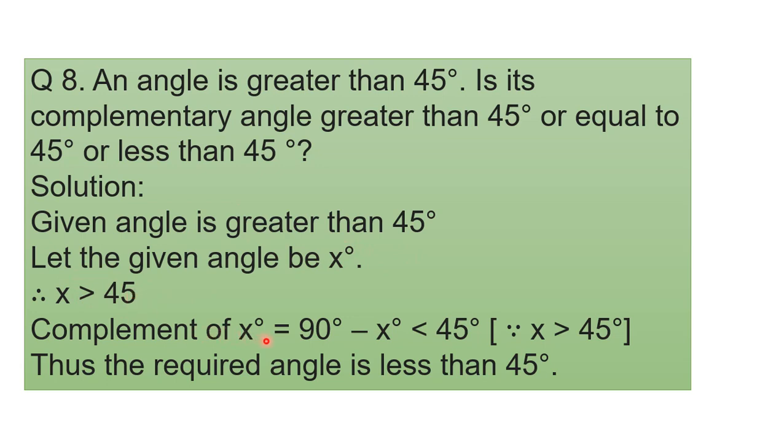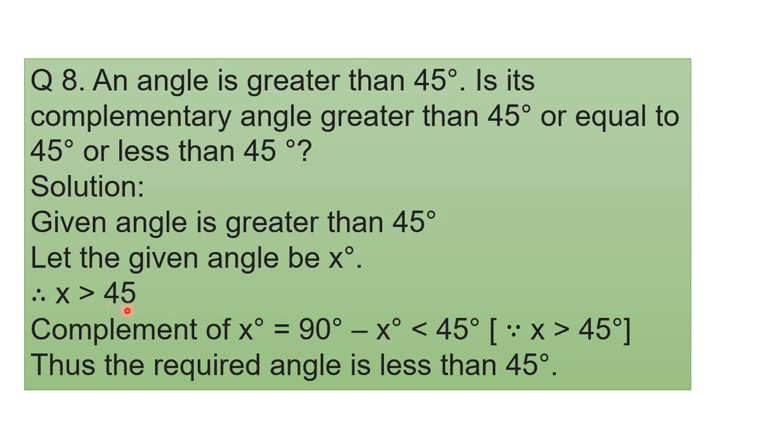So its complementary angle will be 90 minus x degree. As angle x is greater than 45 degree, let us take 50 degree. So we can take x as 50 degree. So 90 minus 50 will be 40 degree, and 40 is less than 45.